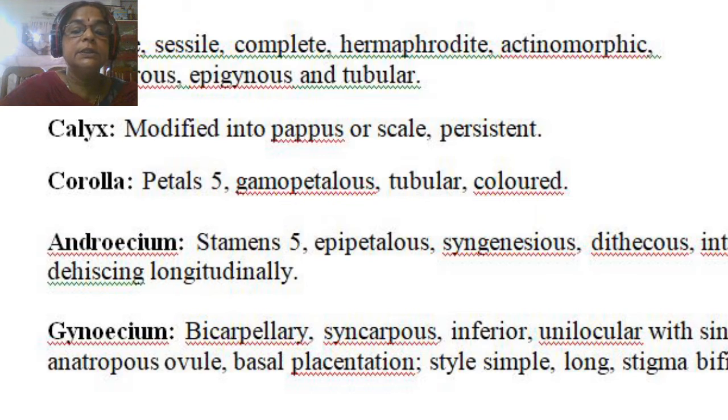Then calyx. This calyx is modified into a pappus, which is persistent, means always present with the seed and fruit also. Persistent means attached for a long time. Corolla, number of petals 5. Gamopetalous, just like a tube-like structure, that is tubular, and different colored.